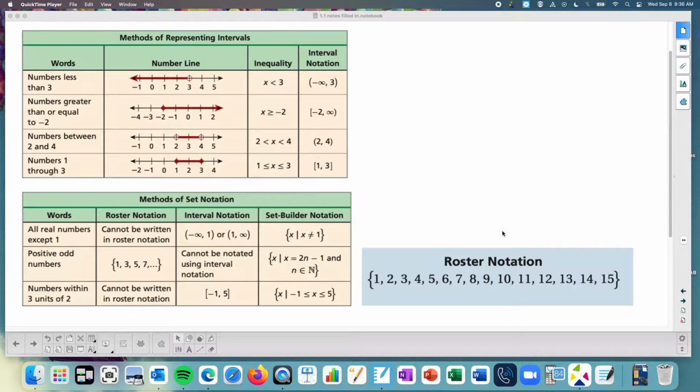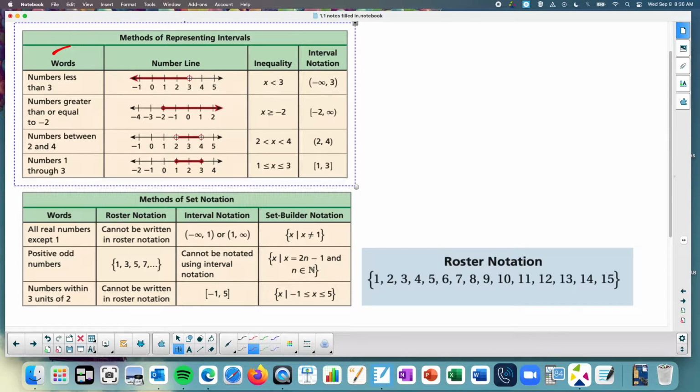So theoretically, the ones that I'm going to mark are supposed to be the ones that you already know. And this is why I'm saying theoretically. This is kind of the same thing as that one.